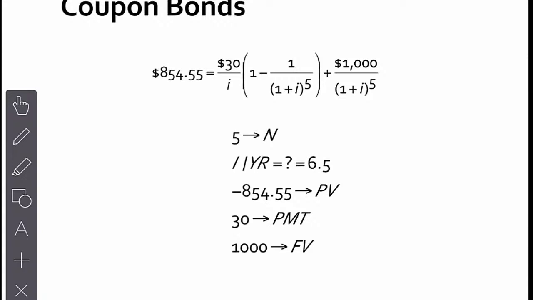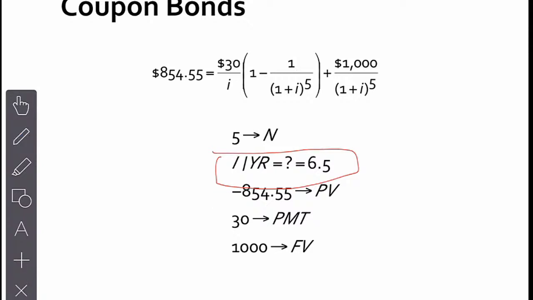Remembering that coupon bonds are the application where we use all the keys of the financial calculator, time value of money row. 5 is N. This is what we want to solve, right? So that's what we want to solve.